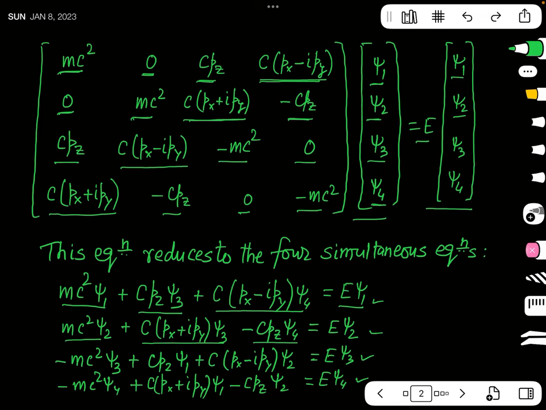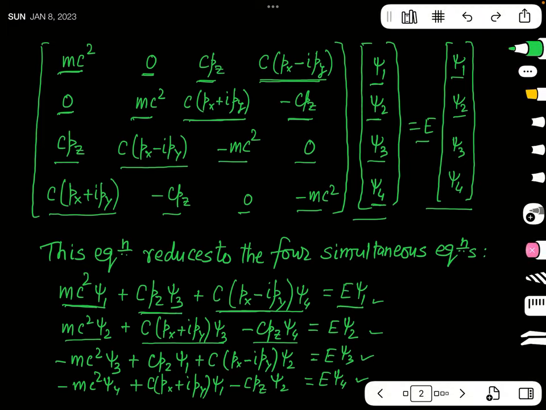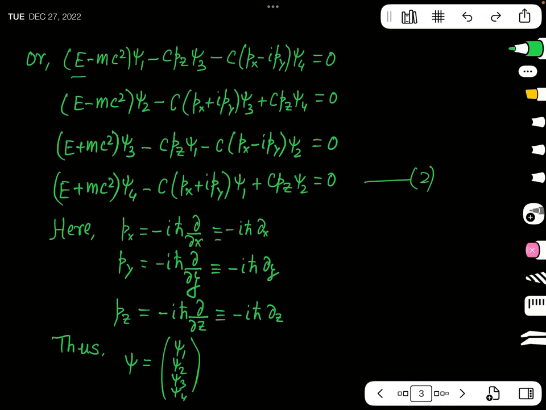So the first term will be E minus mc square psi 1, minus cpz psi 3 minus cpx minus ipy psi 4, and that will be equal to 0. So you can see I have written it here. This is E minus mc square psi 1.